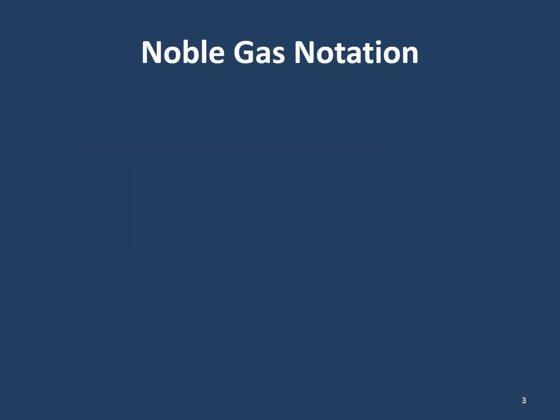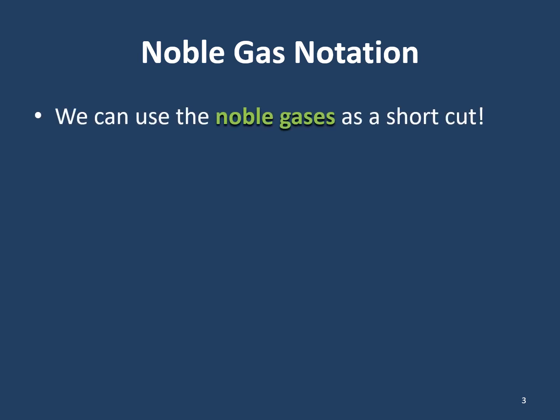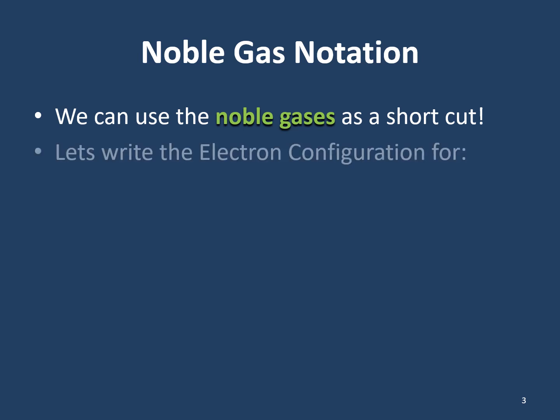Now, that second to last one there, astatine, At, as you might have noticed, was a heck of a lot of writing, and it was a little bit repetitious. So there is a shortcut for elements that have really long electron configurations that we don't want to show every single electron in, and it's called the noble gas notation.